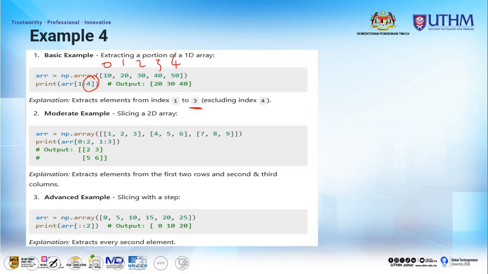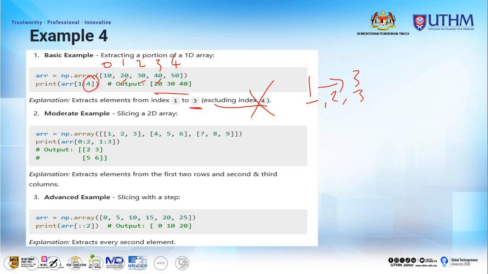And stop at 4, which means you have to exclude 4, so you only count from position 1 to 3. 1, 2, and 3. So the values will be 20, 30, 40. So this is the output here.